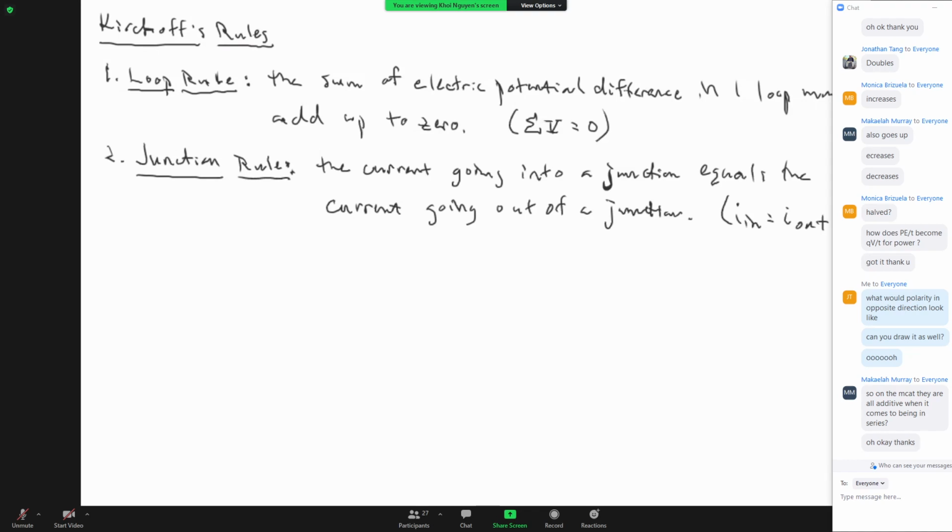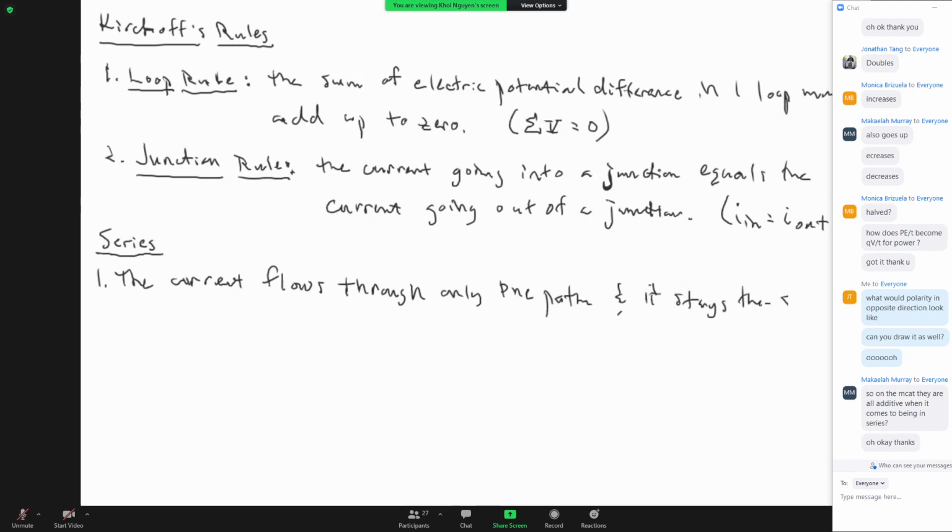So 2 rules about things in series. Let's look at things in series. The first rule is that the current flows through only one path and it stays the same.